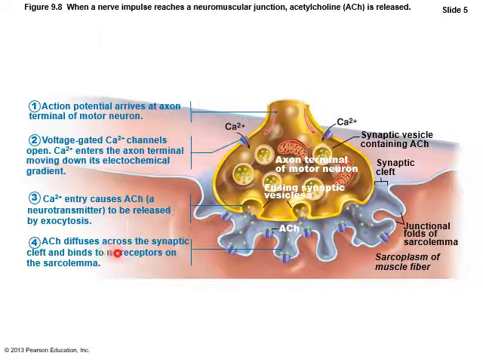The acetylcholine diffuses across that synaptic cleft, and it binds to receptors on the sarcolemma. Those receptors are called acetylcholine receptors. So acetylcholine is going to bind to those receptors and open them up.